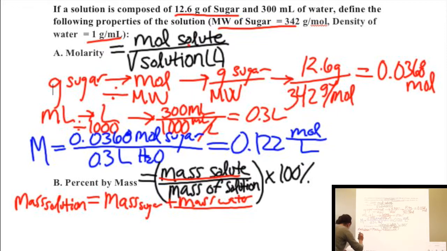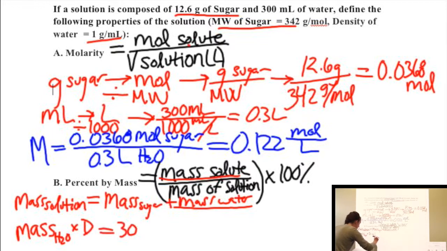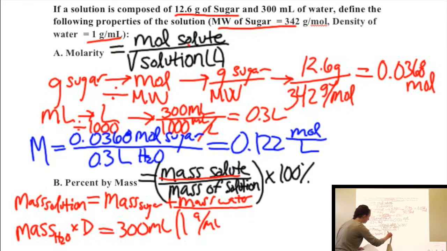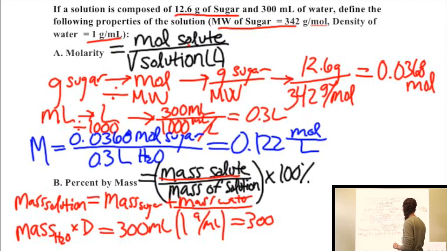So we'll get mass of H2O times your density equals 300 milliliters times 1 gram per milliliter equals 300 grams.